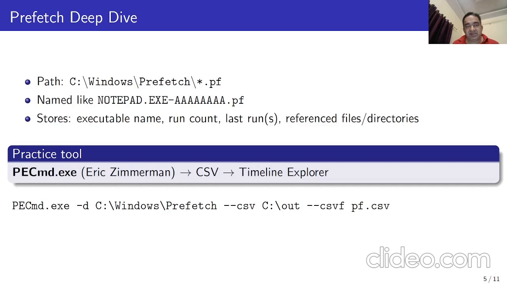With -d C:\Windows\Prefetch it scans that folder for all PF files, Windows's record of which programs ran, how often, and when. With --csv it writes the results as CSV into the output folder, and with --csvf you name that file pf.csv, so you get a single spreadsheet of executable names, run counts, last run times, and reference files, ready to open in Timeline Explorer.